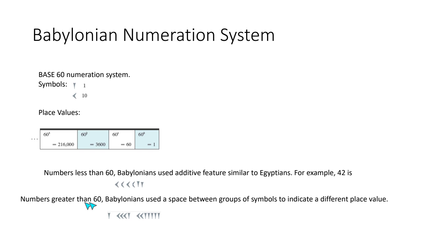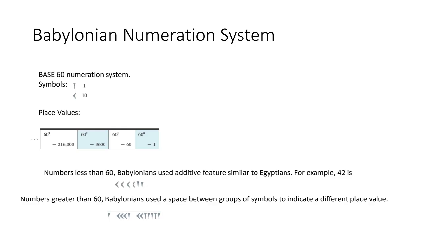But if the number was greater than 60, then they would be using place value. They would use a space between each group to indicate that they have moved on to another place value. So if you look at this number here, there are 3 groups.